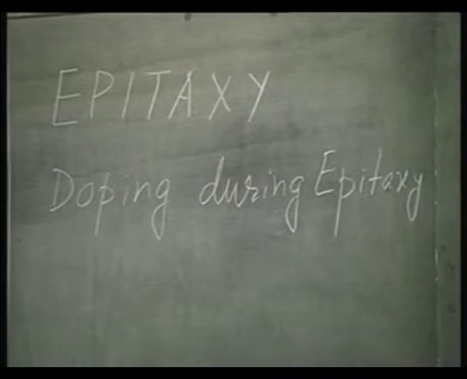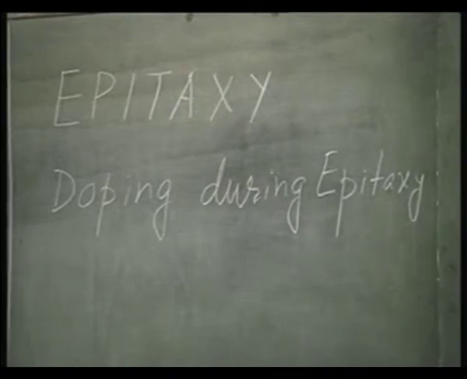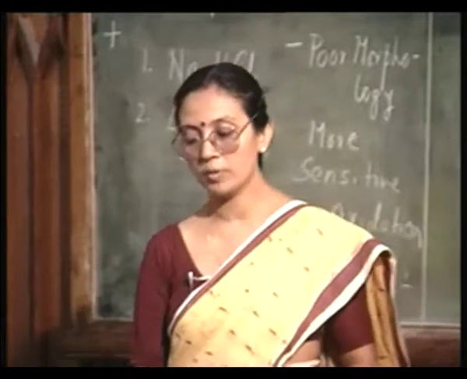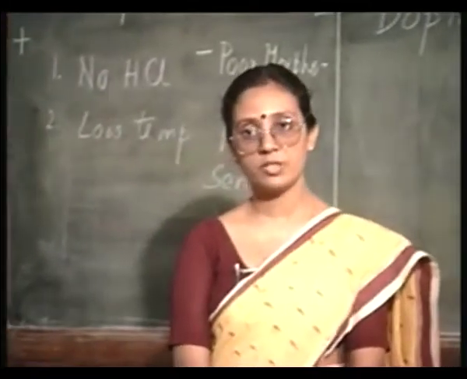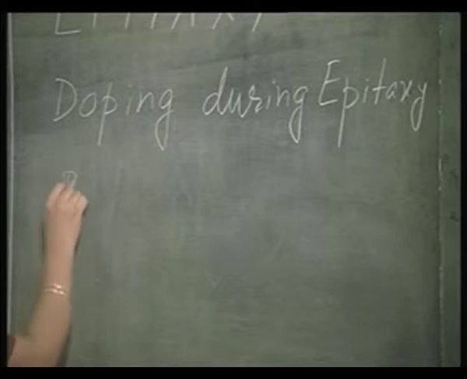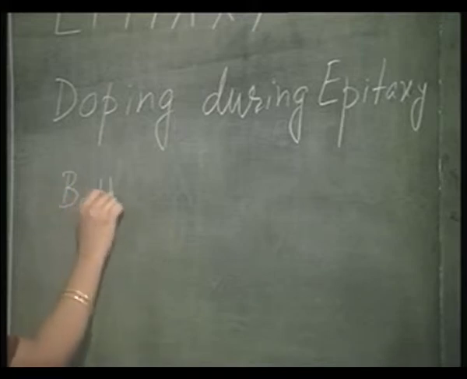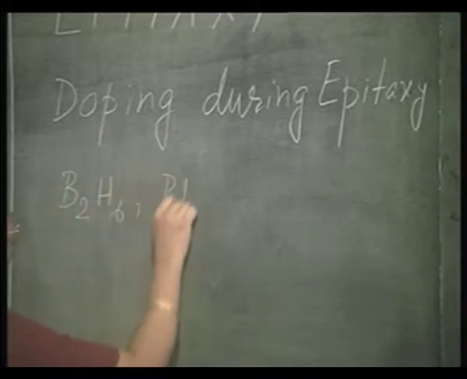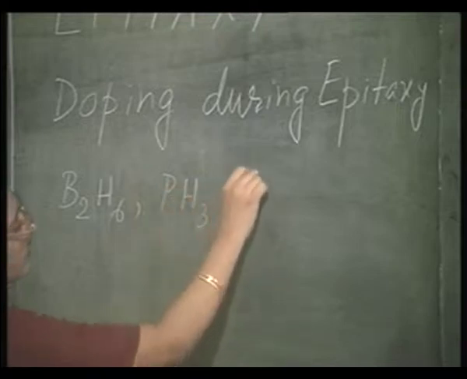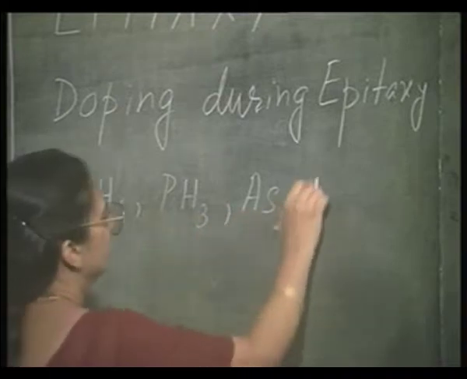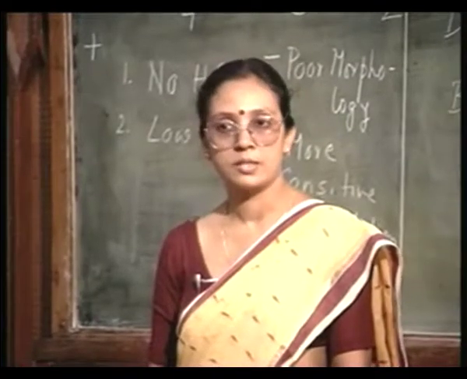What you do is you use hydrides of the dopants. You know the common dopants are boron, phosphorus and arsenic. So, you can use them, and they will decompose and introduce the dopants into the silicon.